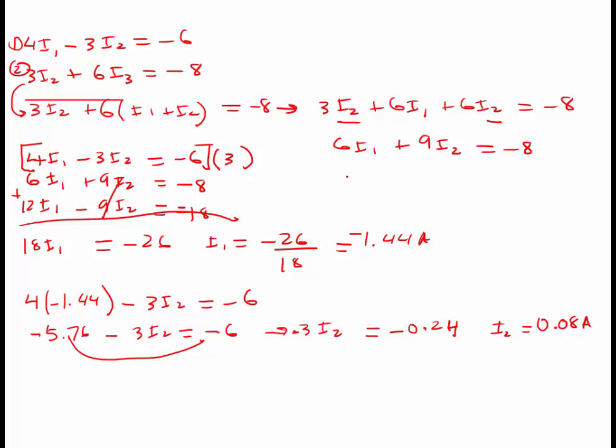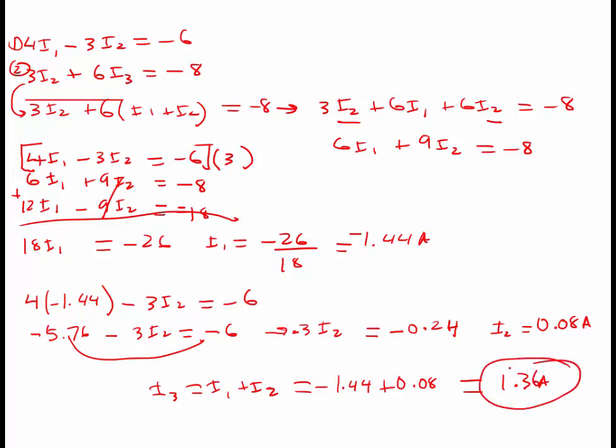Now that we know I1 and I2, we can solve for I3. If we go back, I3 is equal to I1 plus I2. So I1 is negative 1.44 plus 0.08 to give me that I3 is equal to negative 1.36 amps.